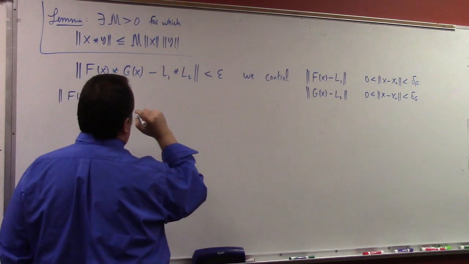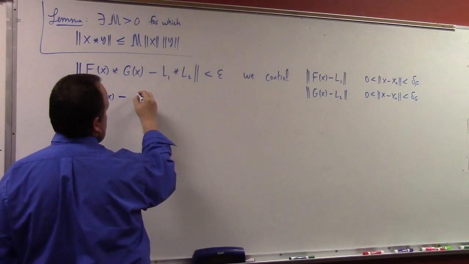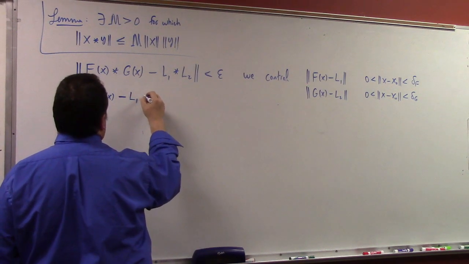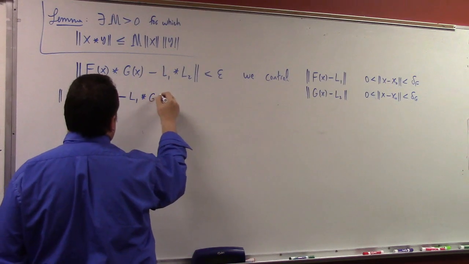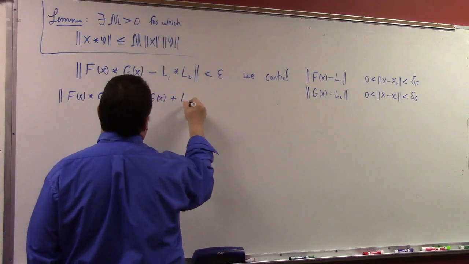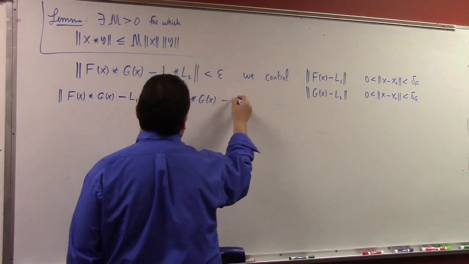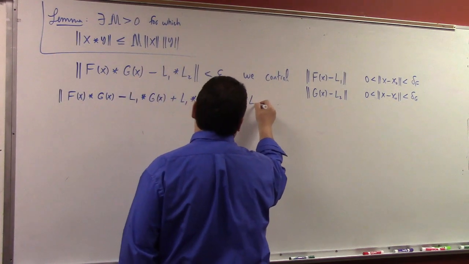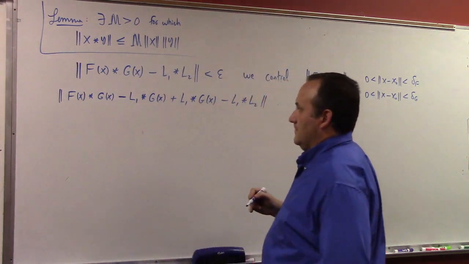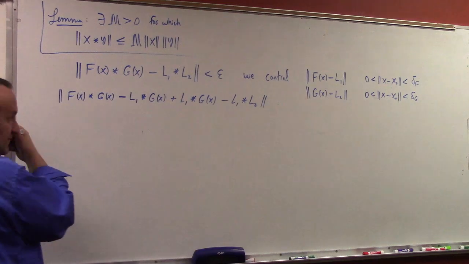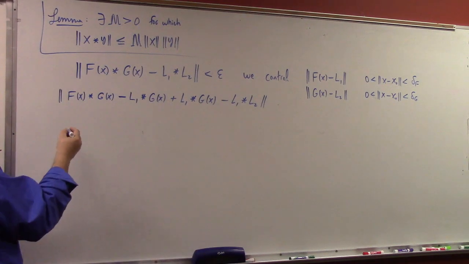And then I think we want to do something like minus L1 times g of x plus L1 times g of x minus L1 times L2. So that's just equal to the thing above. Then we apply the triangle inequality to that.